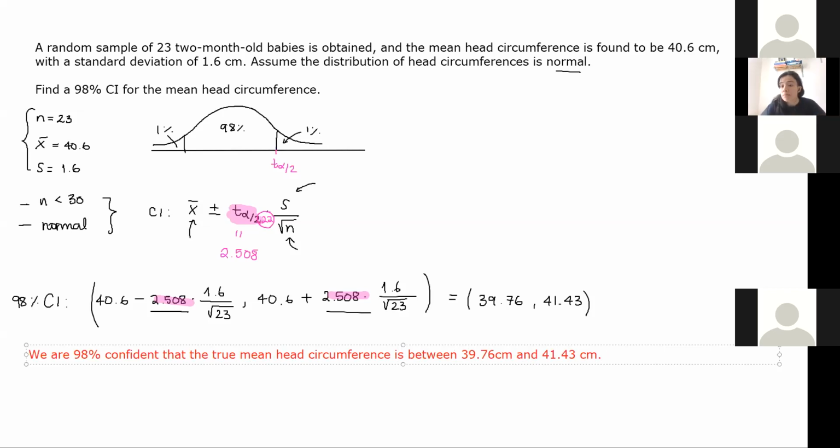Now, that doesn't mean that we are sure that the mean is going to be between these two values. There is this very slight chance that we ended up with a sample that was either full of babies that had small heads or full of babies that had big heads, and so the mean is not actually that close to the actual mean for the population, right? There's still a 2% chance that we're in one of those extreme cases, but it's very unlikely, and so we're pretty confident that the actual mean is going to be between these two values, right?